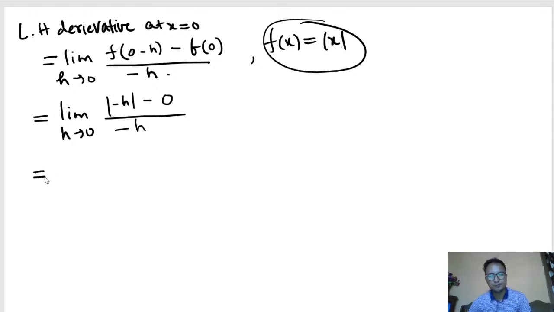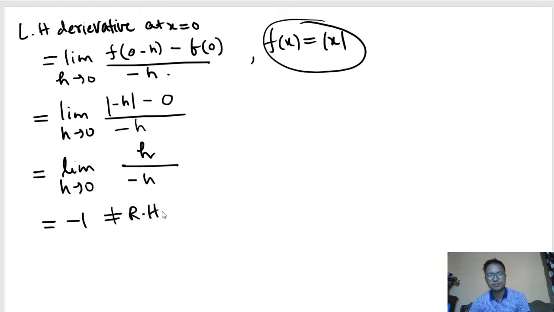Now modulus of minus h is h, so it cancels out and gives minus 1. So the left-hand derivative is not equal to the right-hand derivative.